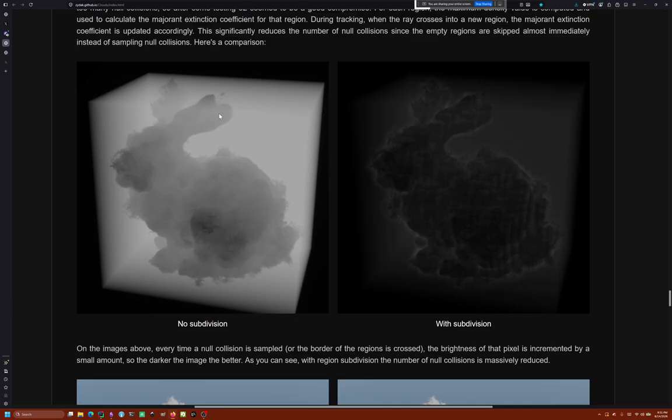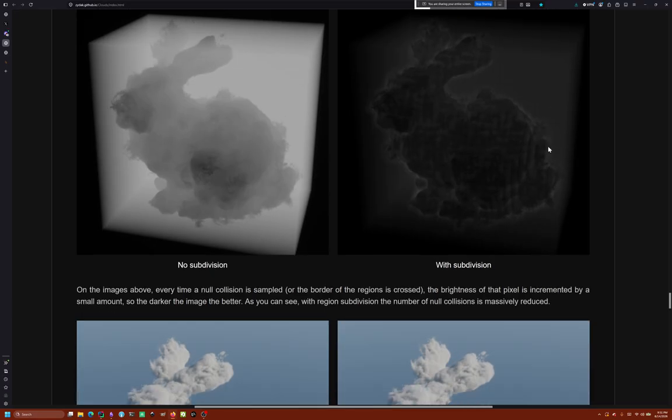If you're using a single global maximum density from somewhere inside the mesh or the shape, and you apply that constraint to the entire grid, then you have to treat the entire space as if it had that same maximum density. But splitting it out into multiple regions avoids that.